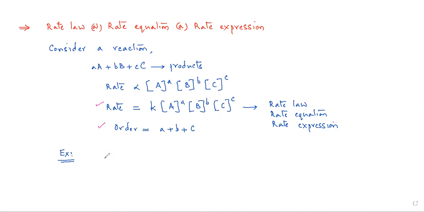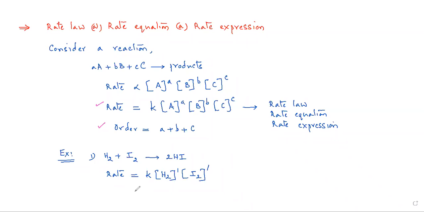Let me just give you the formation of hydrogen iodide. See, for this reaction, the rate equation or rate expression can be written as H2 to the power 1 into I2 to the power 1.